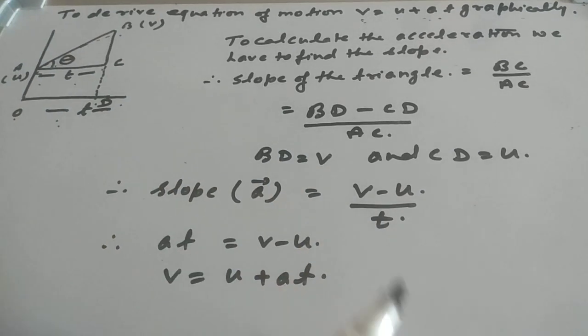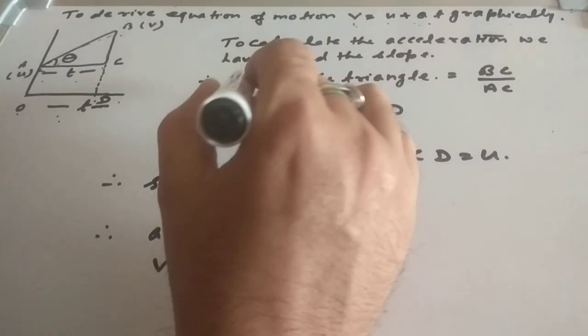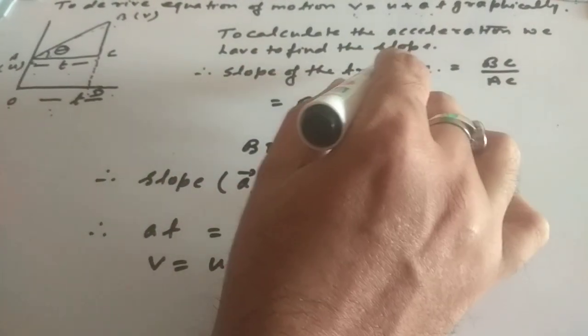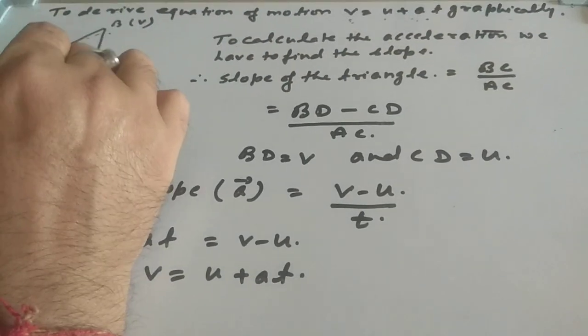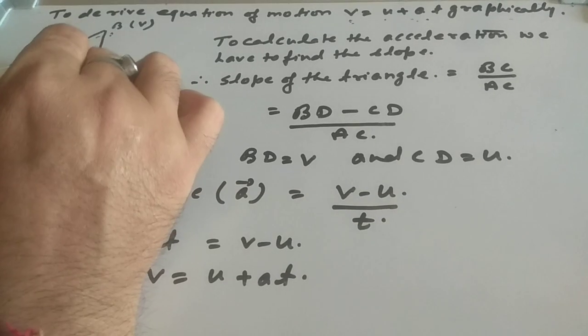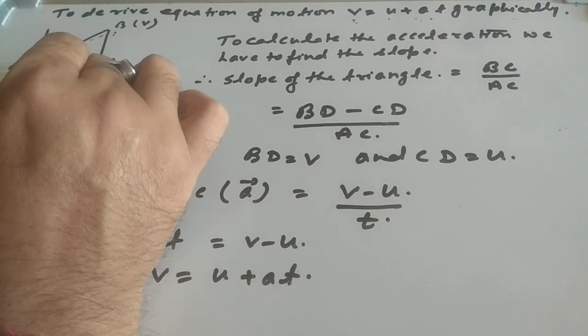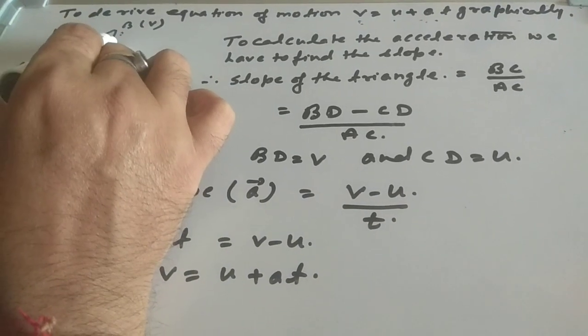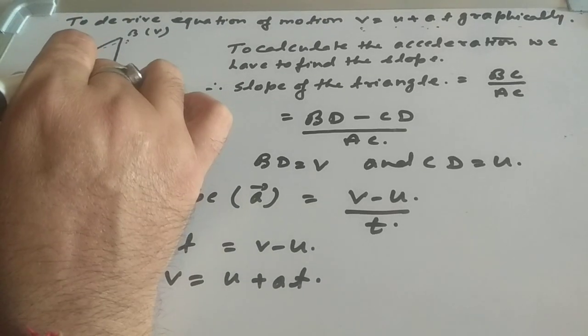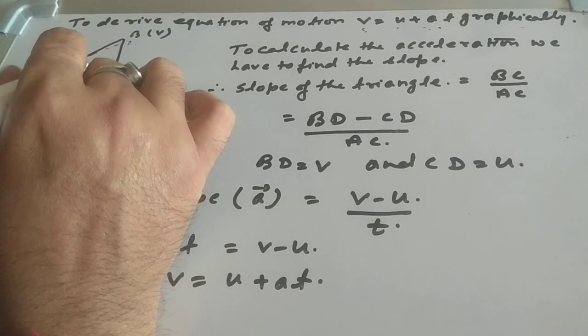So, how will you calculate the slope of the triangle? The slope, that is this angle, is BC by AC. Remember, that is perpendicular by base, also known as tan theta.